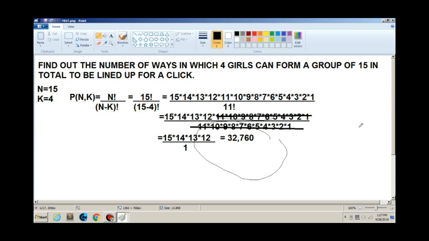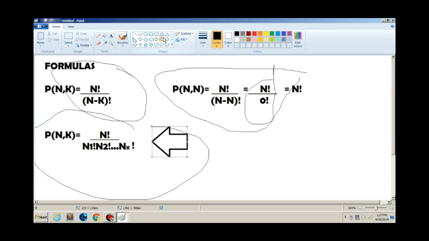So let's proceed to the other formula, the second one. We're going to use this formula.